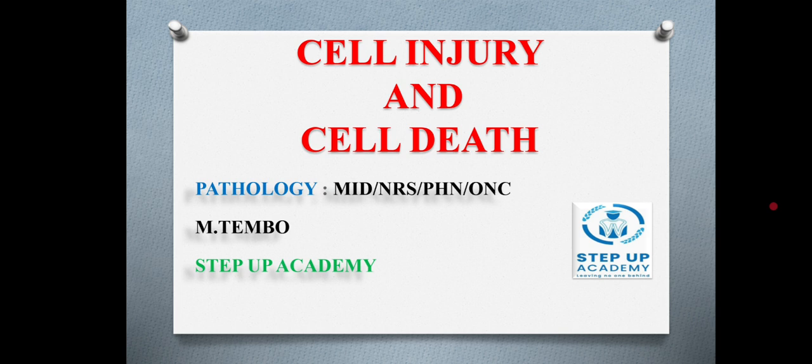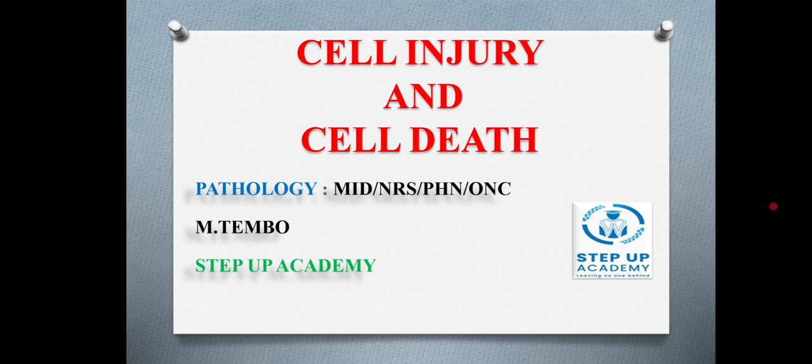So there's cell injury, then there's cell death. The injury is going to come in, and depending on the severity of this injury, the cell is going to die or not. So that's what we're going to be looking at.